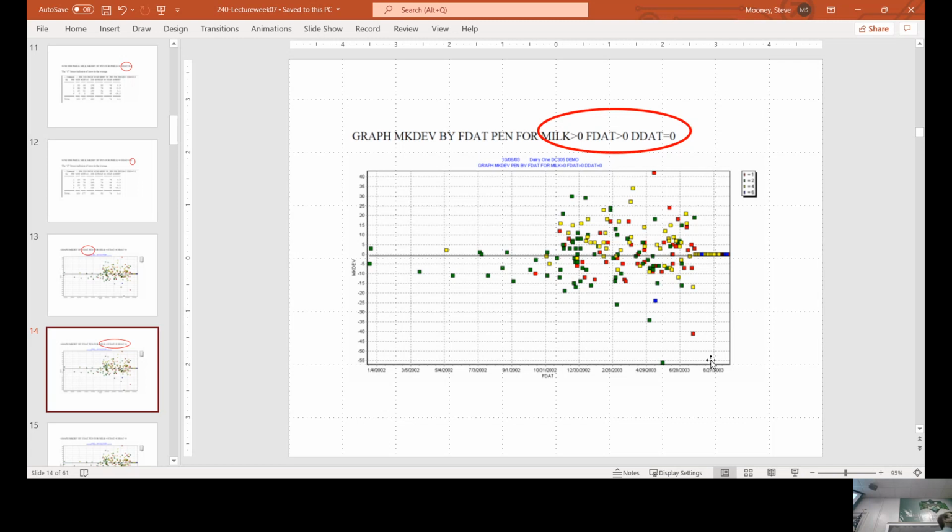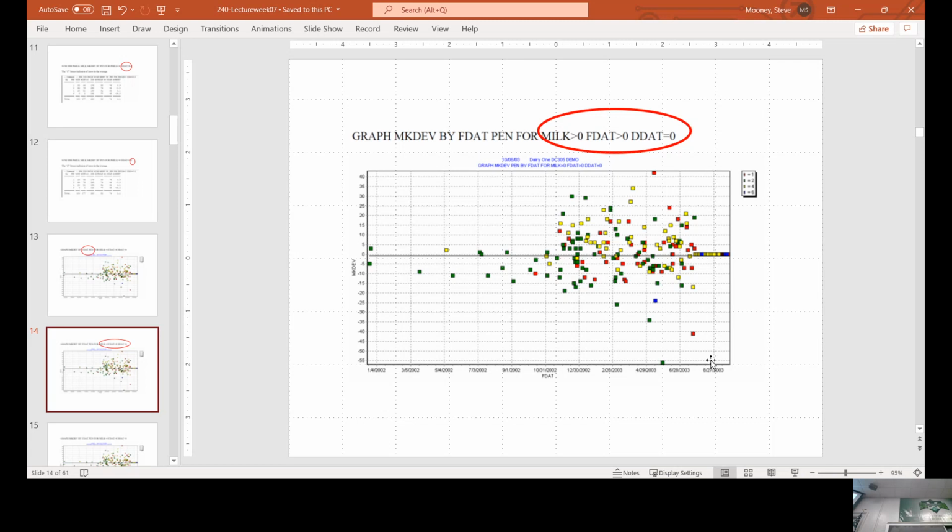When we're trying to figure things out, one of the first places to start is, what's the difference between the animals that are doing what I want them to versus the animals that are not? So we've got a pen difference here. I don't know, there's a days in milk difference or days fresh difference, but we can look at that.